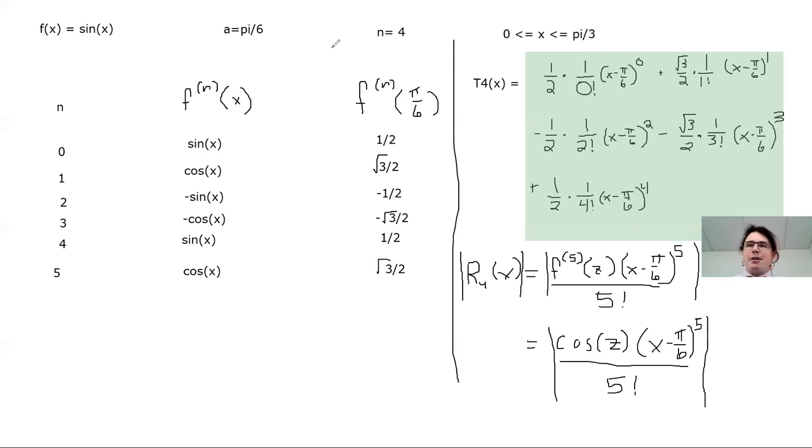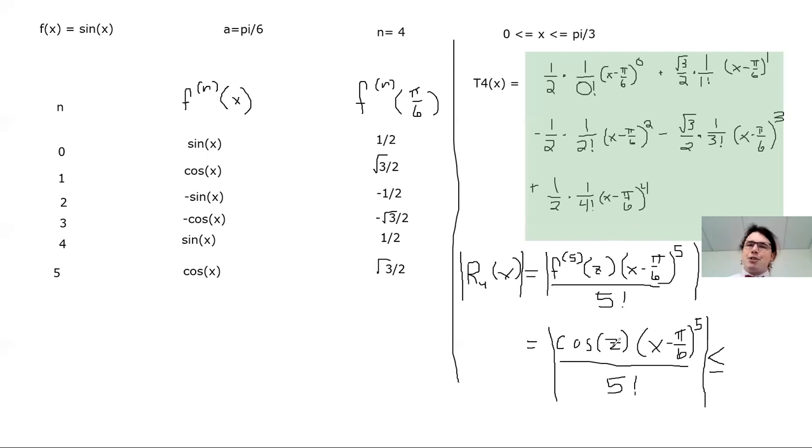And the way that I calculate that is by overestimating. For both my z and my x, I'm going to think about what's the worst thing that could happen. I'll overestimate my error so that at the end of the day, I can guarantee my error is less than whatever it is.